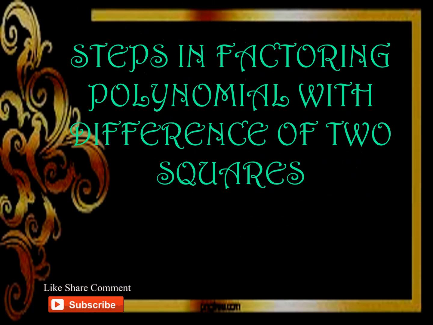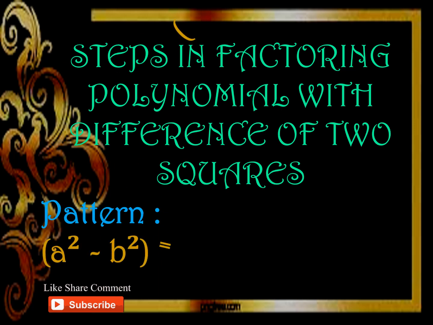Steps in factoring a polynomial with a difference of two squares. So we will use the pattern: quantity a squared minus b squared is equal to quantity a plus b times quantity a minus b.